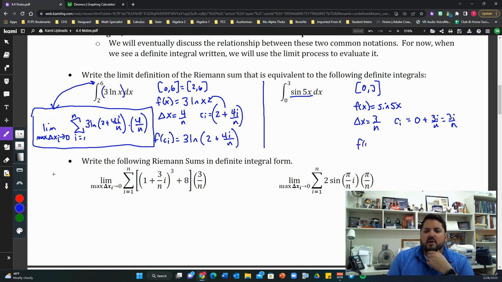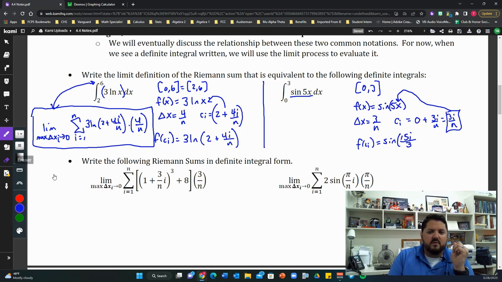Then my f of c sub i, my heights, would just be sine of 5 times my c sub i. Again, this formula will always be substituted into the function for x. So what I end up with is 15i over n. So now we have our height formula.